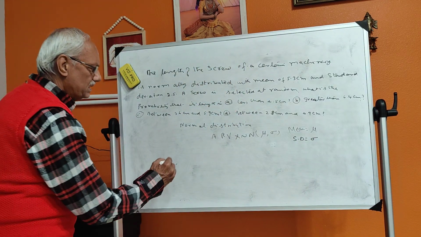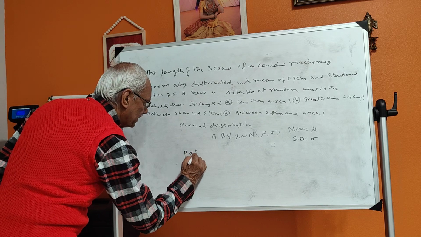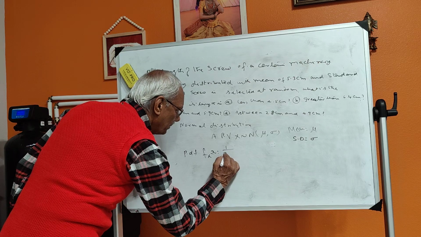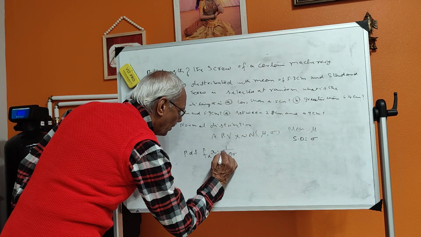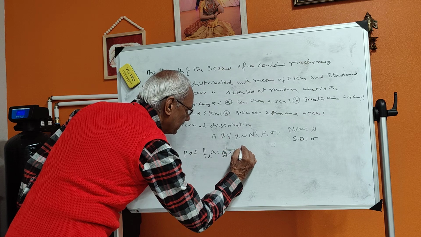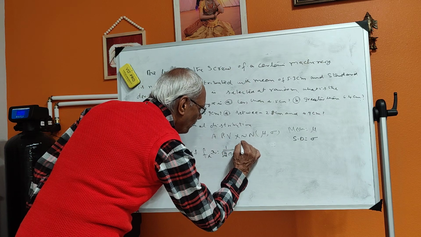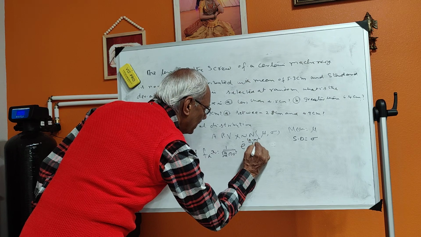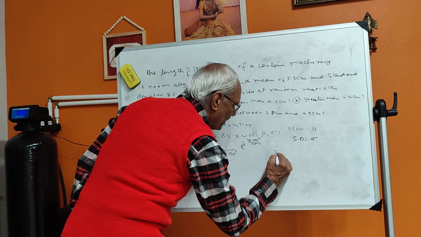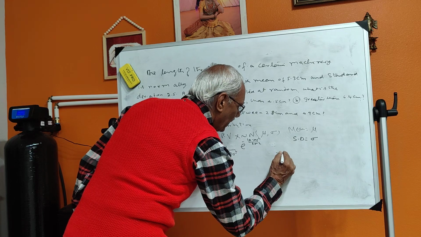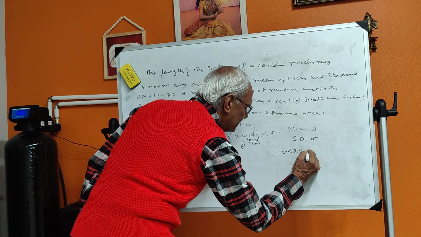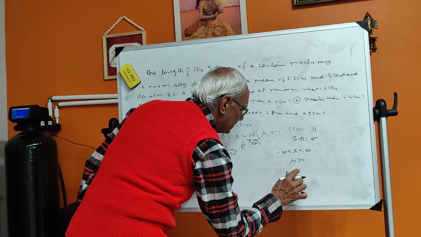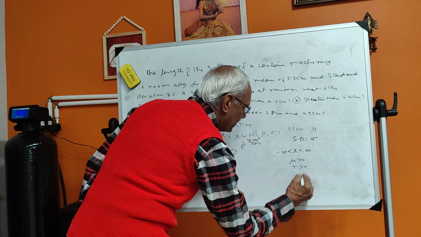If the probability density function f(x) is equal to 1 by sigma root 2 pi into e to the power of minus (x minus mu) whole square divided by 2 sigma square, where x is between minus infinity and plus infinity, mu is greater than 0, and sigma is also greater than 0.